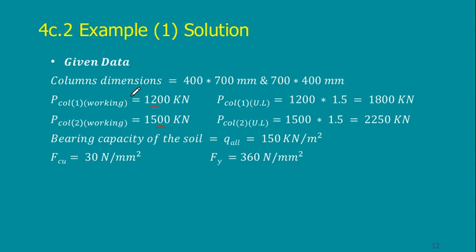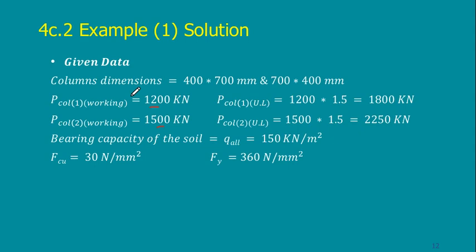Because here in Egypt, it is a special case at this time, because we have two specifications, one for foundations and soil mechanics, and one for reinforced concrete. The one for soil mechanics is dealing with working loads. The one for RC is dealing with ultimate load. So I need to have both.